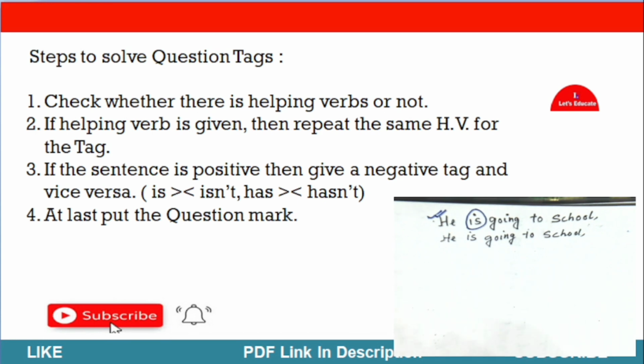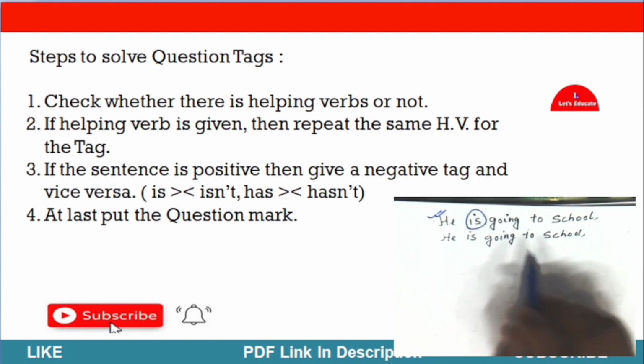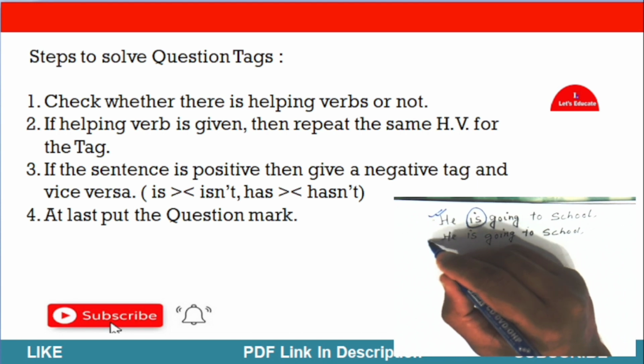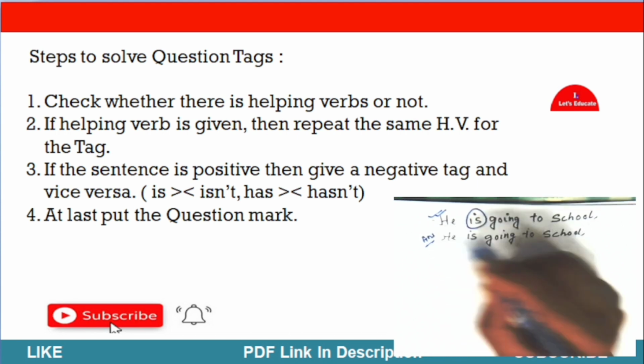If a helping verb is given, and in our case it is given, then repeat the same helping verb for the tag. Here I have missed something. After the sentence, you have to put a comma. Then you have to repeat the same helping verb in the tag. Here, this one is the question. This one is the answer.